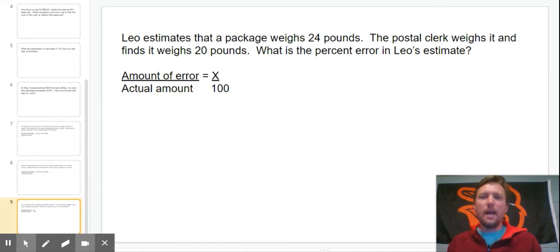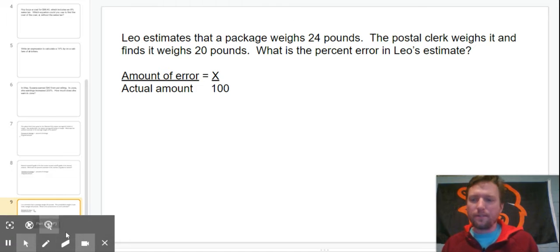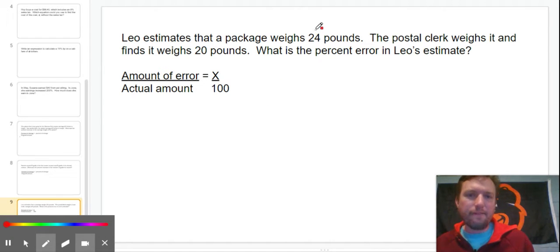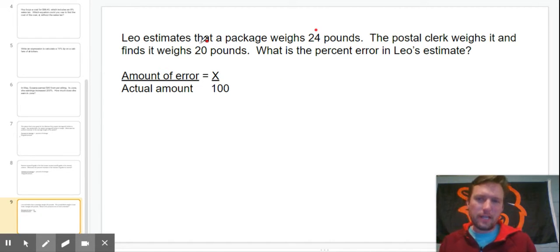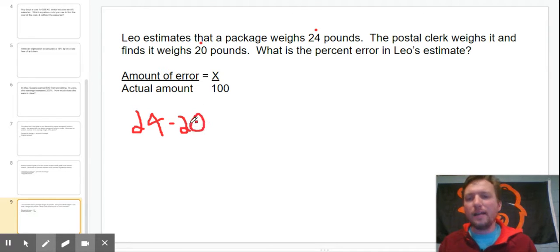I'm trying to find the amount of error. So I take my value 24 and, just like percent of change, subtract 20 from it. So I have 24 minus 20, and I'm going to divide that by the actual amount, which is 20, what it really weighs.